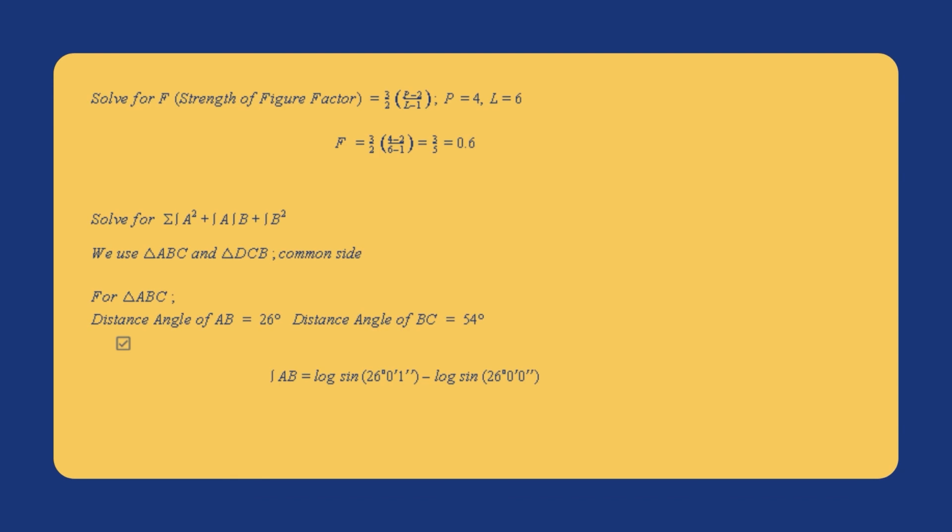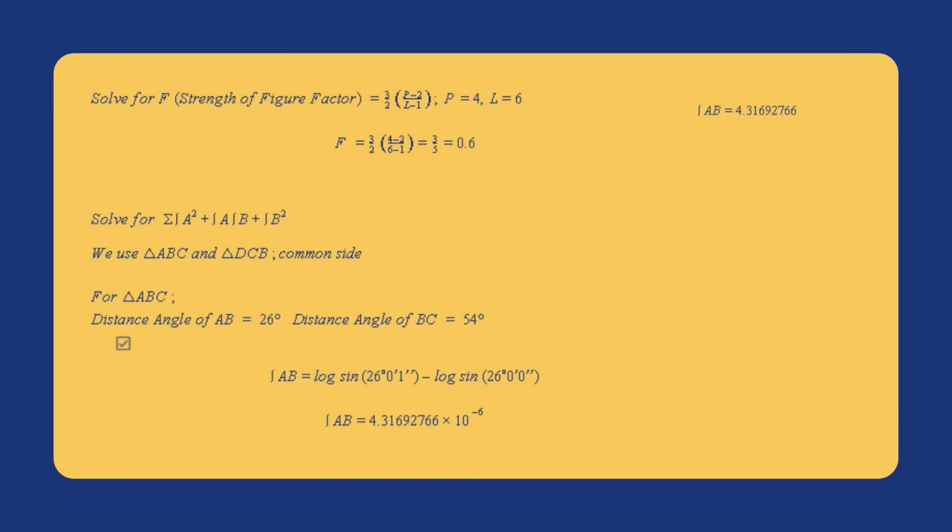As we can see, the distance angle of AB is 26 degrees, and the difference for that, when we subtract by 1 second, gives the value of 4.31692766 times 10 to the negative 6.